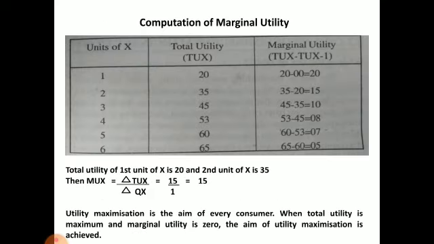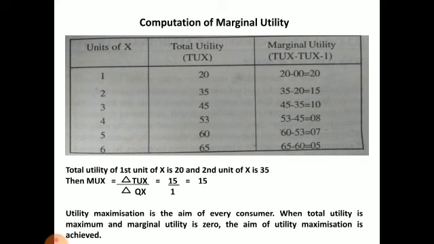Now we can understand this distinction better with the computation of a table, namely the computation of marginal utility. Now, if you look into the table, the first column shows units of consumption. The second column shows total utility of commodity X. And the third column shows marginal utility.